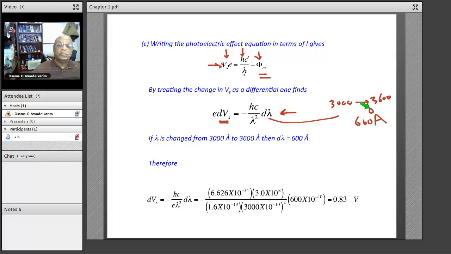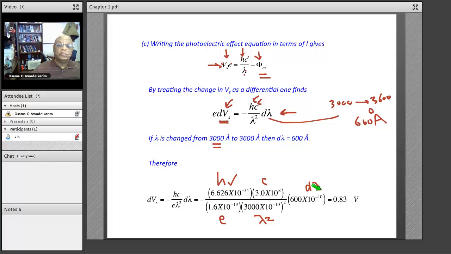Then lambda is 3,000, that's the starting lambda. h is known, c is known. We can get the change dVs in the stopping voltage. So dVs is equal to minus h times c divided by e times lambda squared, times d lambda.